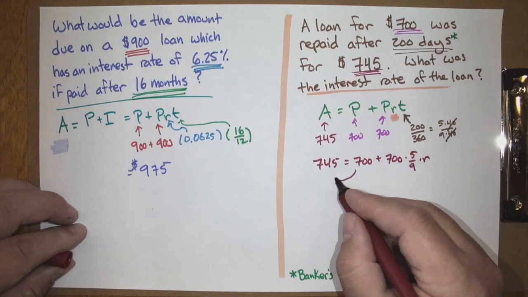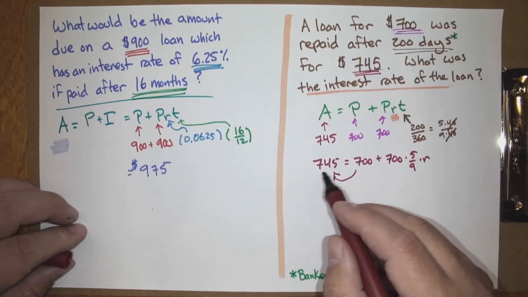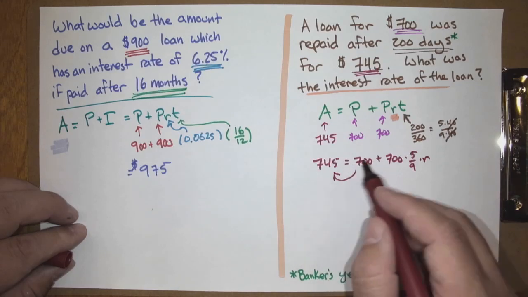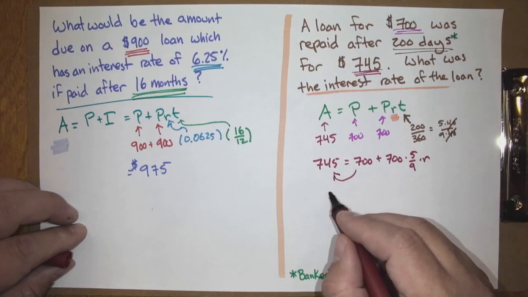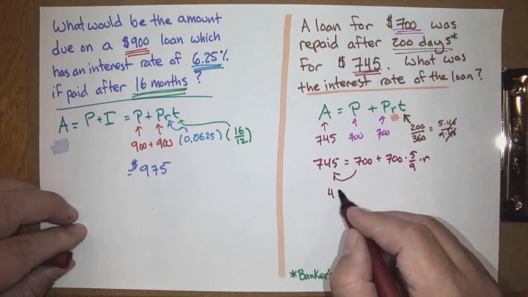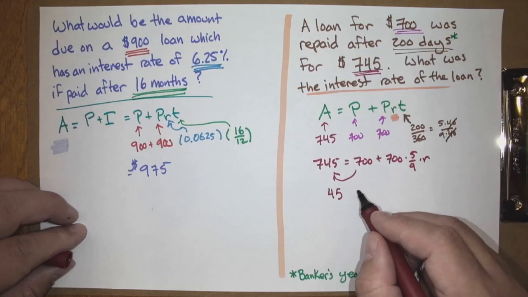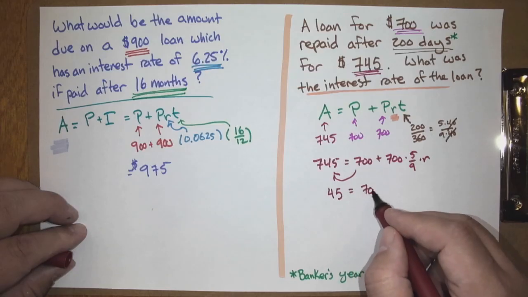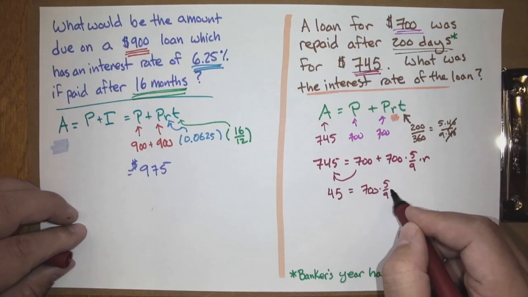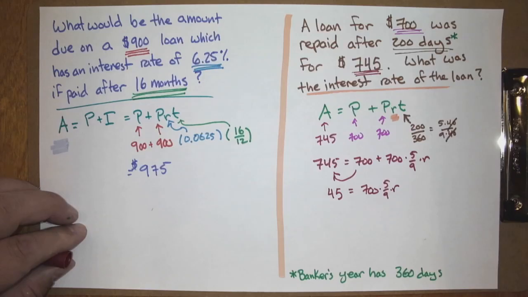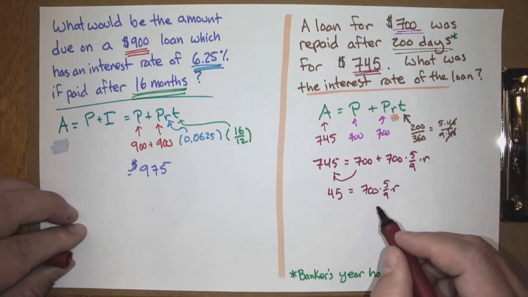Okay, so let's subtract first. Now this computation I can do without a calculator. 745 minus 700, also known as 45. Okay, so 45 equals 700 times 5/9 times R. Now what?